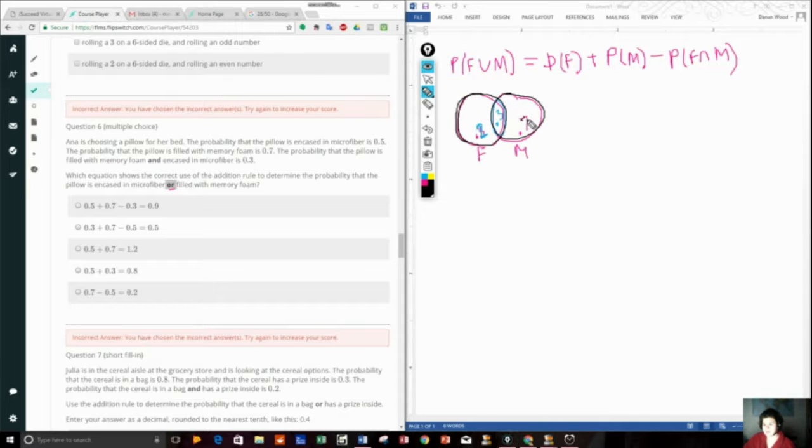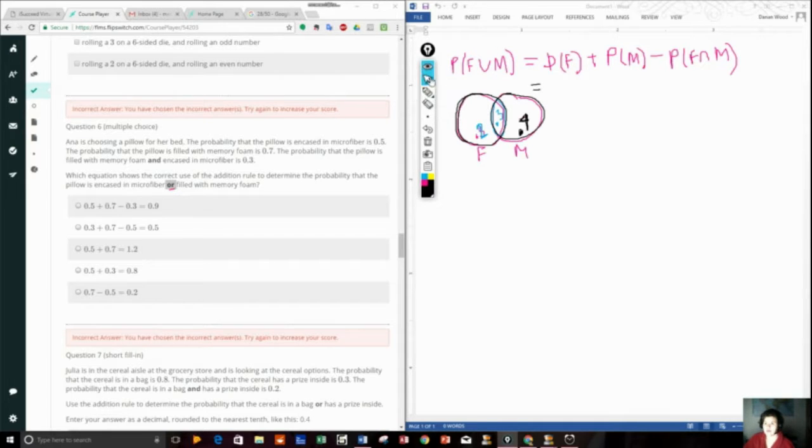So that means there's 0.4. Since 0.3 of it is in the intersection, there's 0.4 that's out of the intersection. So that has to stay as 0.4 for it to be a total of 0.7. That's how I would visualize the Venn diagram. So that's helpful if you're a visual person.